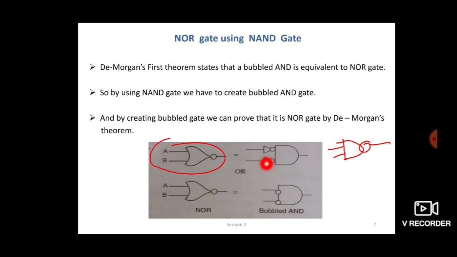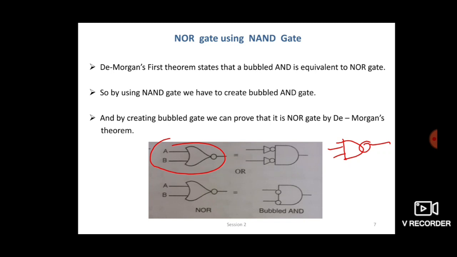Bubbled means which gate is used? The NOT gate is used for the bubble. Bubbled means you have to pass NOT on both inputs. Here one input has a NOT gate attached, and the second input also has a NOT gate attached. It is known as a bubbled AND gate.